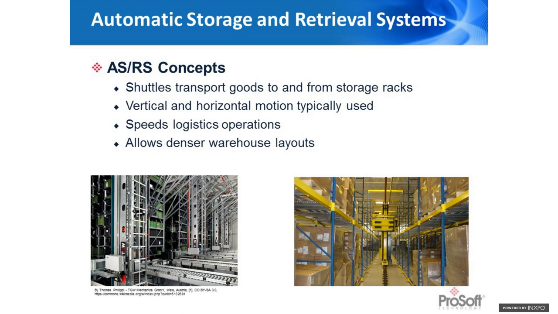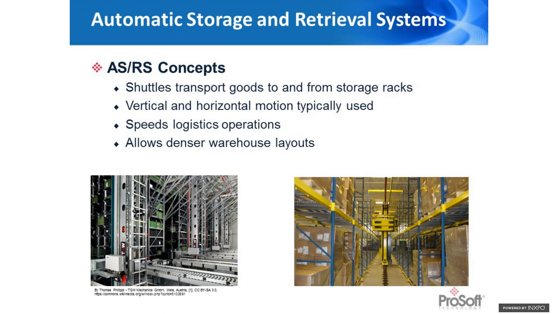For example, where you see the shuttle on the bottom right picture going up and down a row of shelving, it will adjust up and down to the right level of shelving vertically. And then in some cases, we'll even have another satellite shuttle that will run out into one of the racks and maybe go several racks in to retrieve parts. So these can be pretty intricate, pretty complicated systems to deploy.